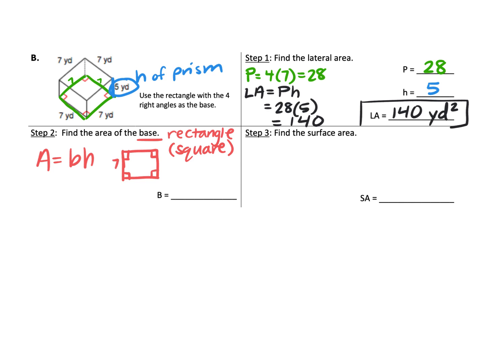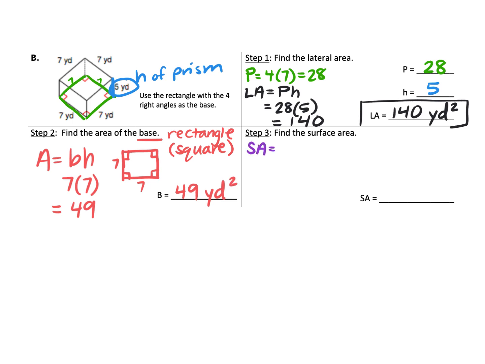Looking strictly at the base, you can see that it's just 7 by 7. And if we take 7 times 7, that is 49. So the value for the area of the base, the capital B in our formula, is equal to 49 square yards.